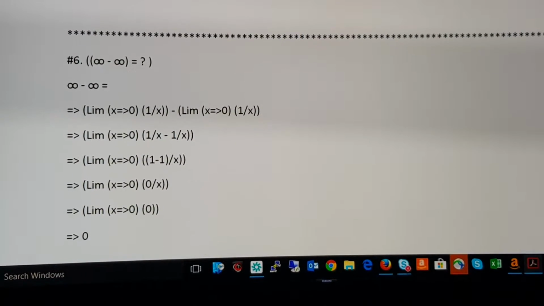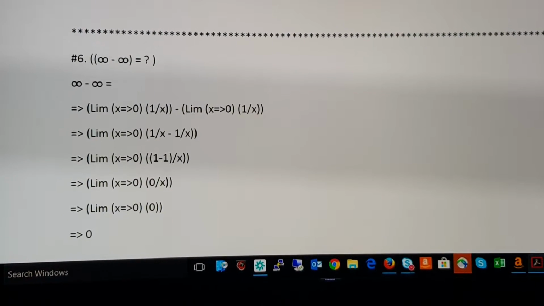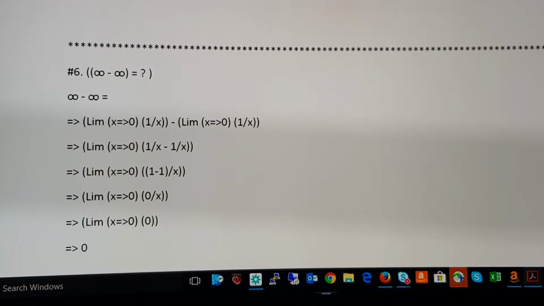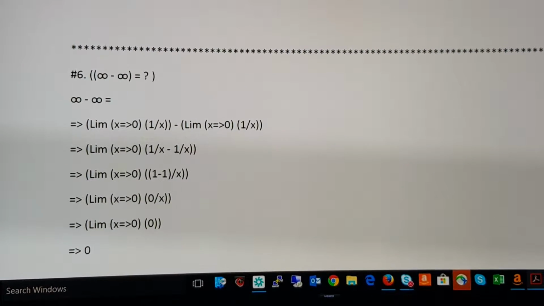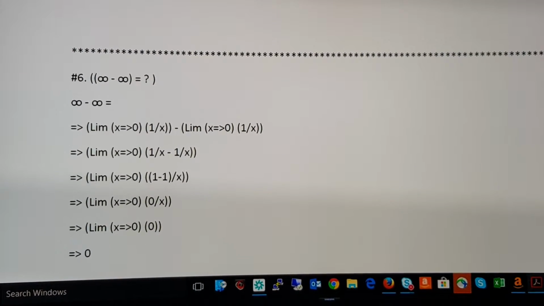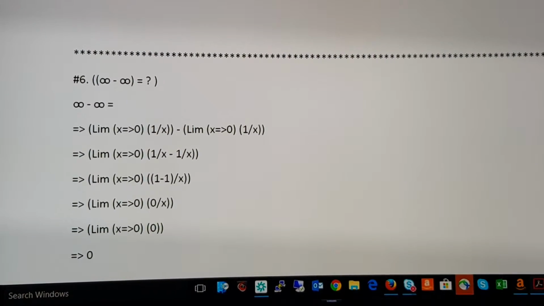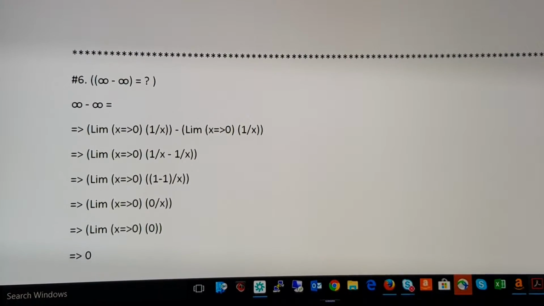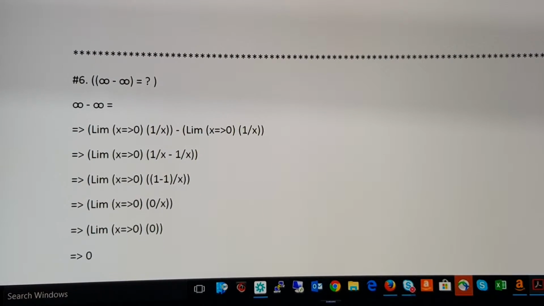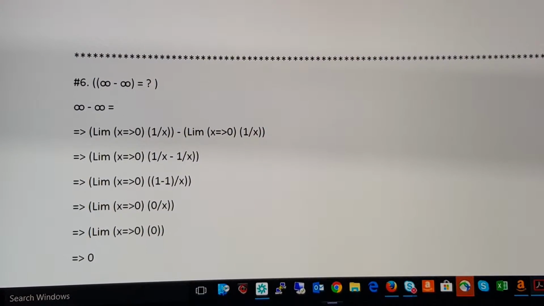We get the limit of 1 by x minus 1 by x, where x tends to infinity, and just evaluate the fractions as usual. So we get the limit of 1 minus 1 divided by x, where x tends to infinity, which is 0 divided by x. We know that 0 divided by anything is equal to 0, so the limit of 0 divided by x becomes 0. As you see, 0 is a constant, so that means infinity minus infinity is 0.